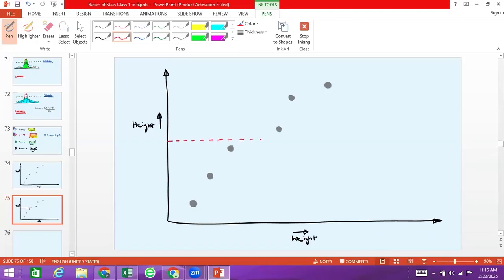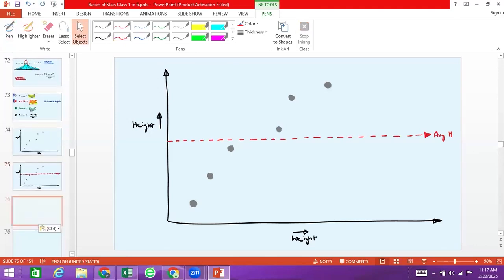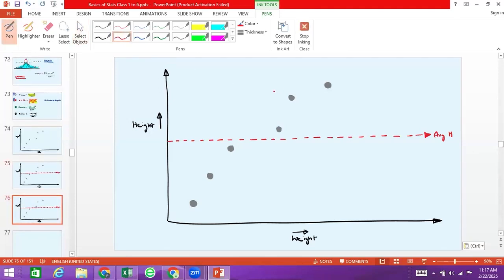This is the first step: calculating average height and average weight. This is my average height. And the same way, I will calculate the average weight.